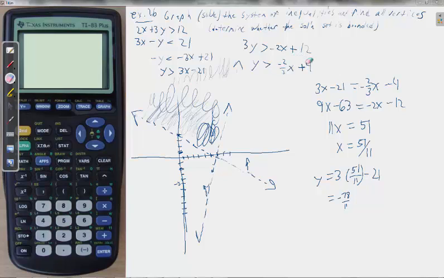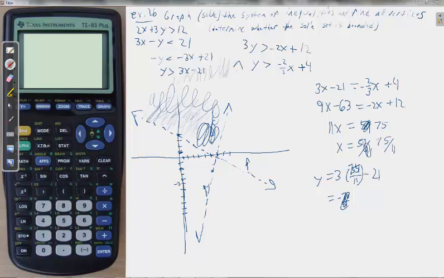No, that was right. Well, that's going to be 12 plus 63 would be 75. So it'd be 75 over 11. Okay. And then y would be 3 times 75 over 11 minus 21.